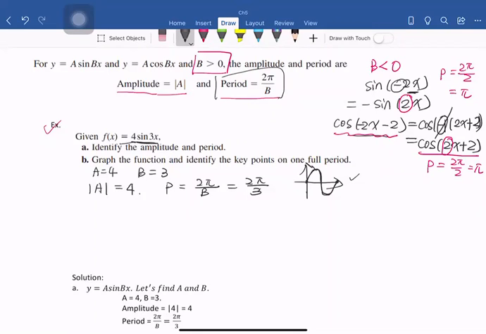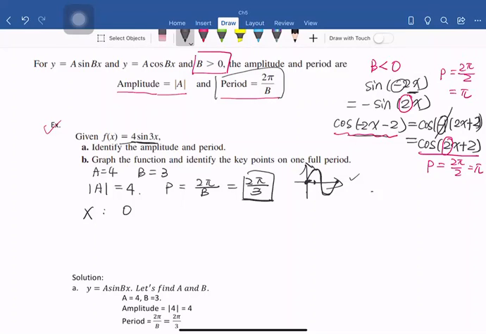I mean the graph. So let's find the first point. I can list the x, y values here. For my x, the first point is 0 because the graph starts from here. And then the next point. Remember, we mentioned I can divide the period into 4 equal parts.